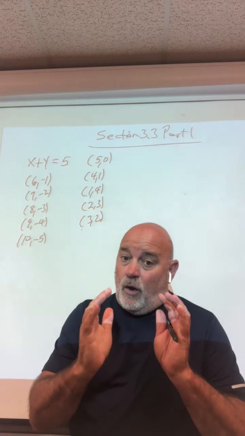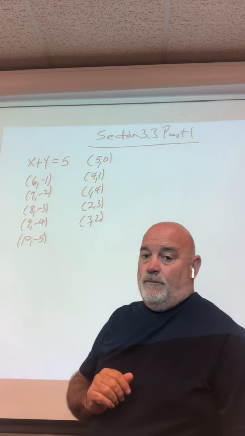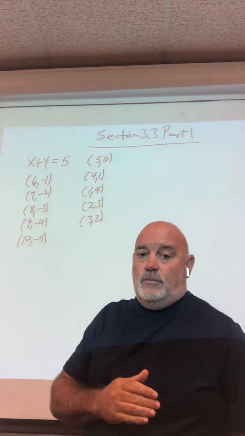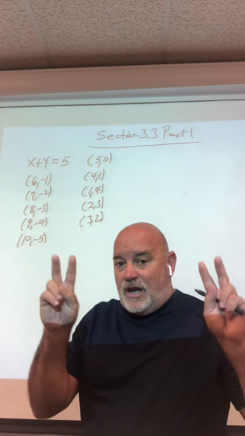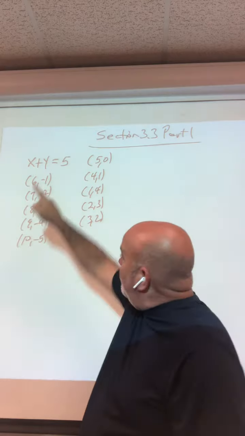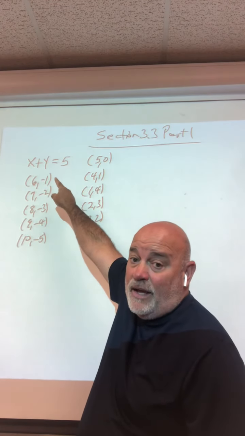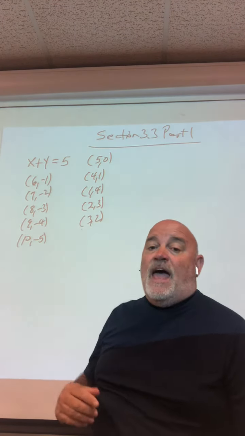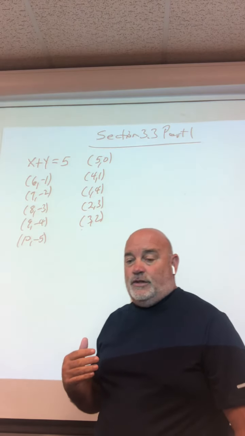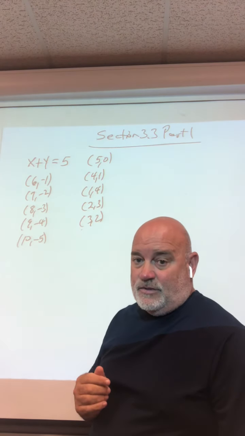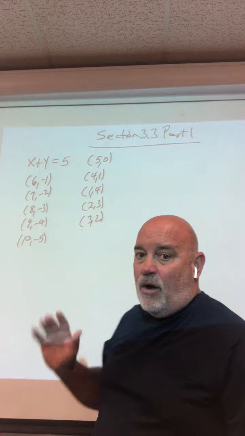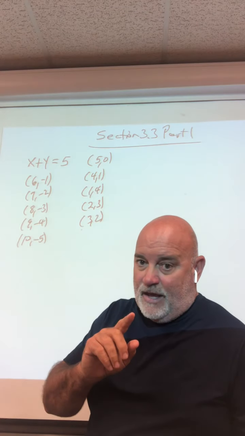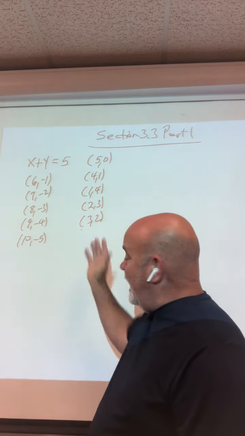Now, does every ordered pair work? No. 6 comma 2 is not an answer. So the answer is not all real numbers, but this equation with two variables has an infinite number of solutions, millions and millions of answers. So I can't write out all of these answers. Remember that, that's important.